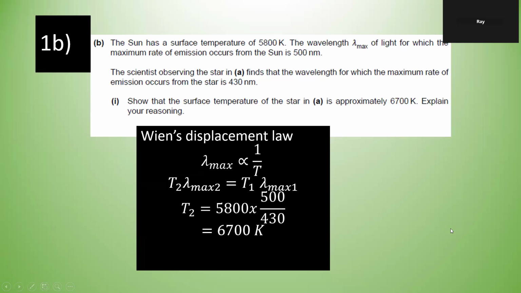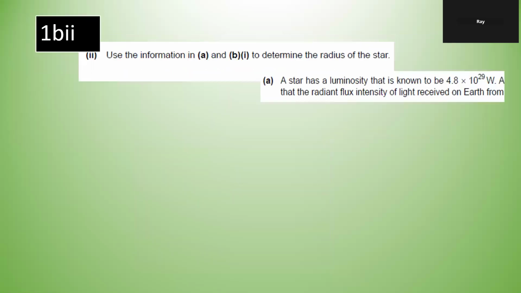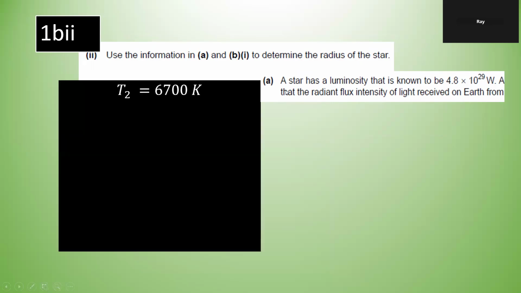Okay. Use the information in A and B part 1, determine the radius of the star. This is what we have calculated. This is what is given. Go to the formula sheet.